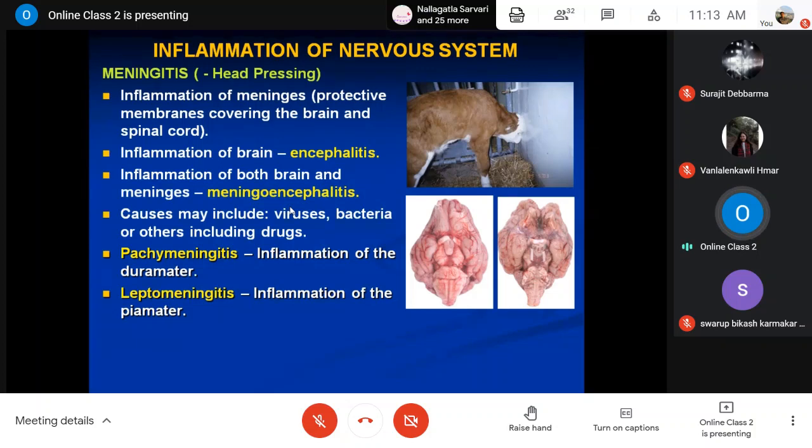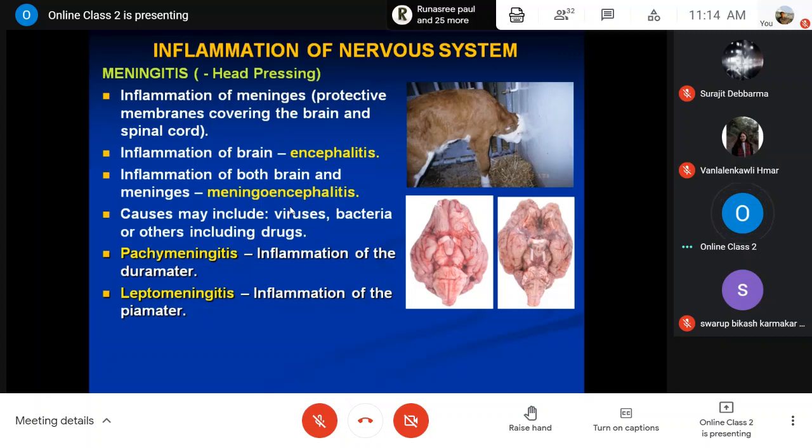According to the different layers of the meninges, there are different types. Pachymeningitis is when the inflammation is restricted to the duramater layer. When it is confined to the piamater, then it is known as leptomeningitis.